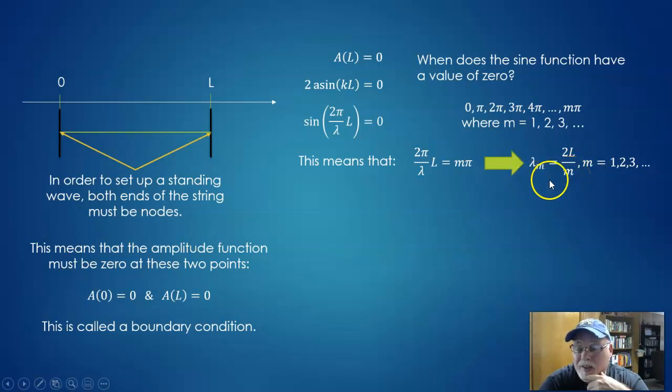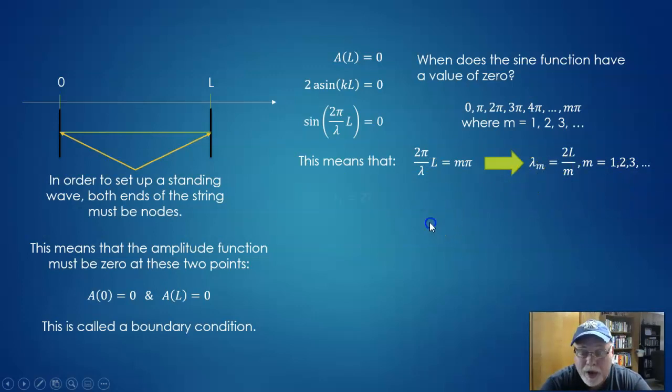Okay? But these are the wavelengths right here that will actually fit in between these two walls and guarantee that you have a node at this point and a node at this point. This function will always give you that. And so this is how we calculate the allowed wavelengths.